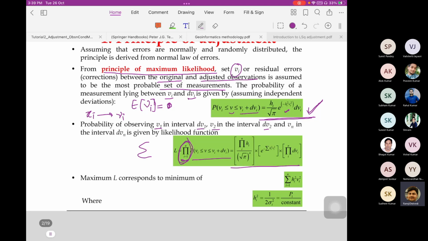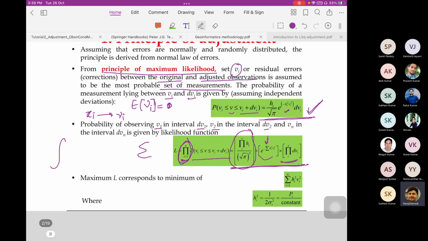After multiplication, you get this solution where all the exponentials are multiplied. They are all added up, because the summation comes here as they are in the power term. And here also the partial differentials are dv1, dv2, dv3, and so on.